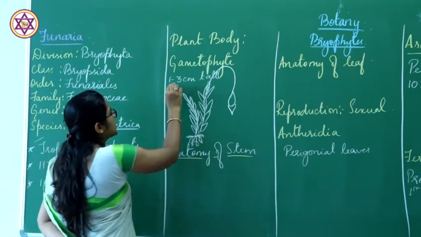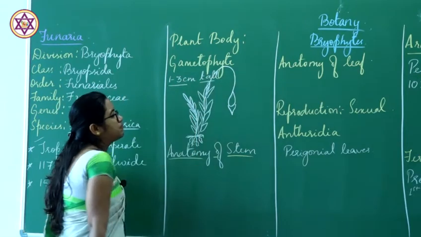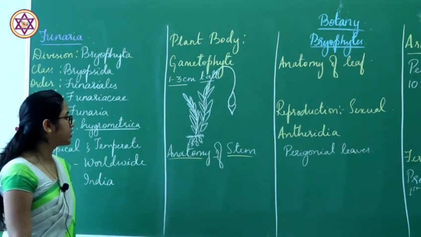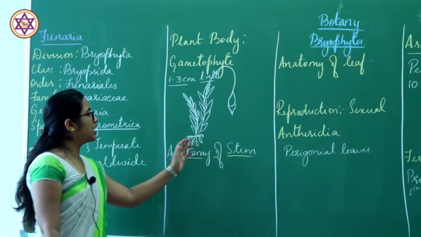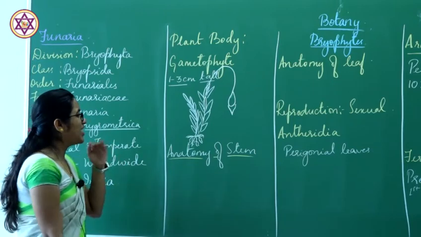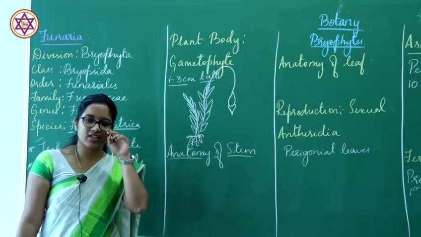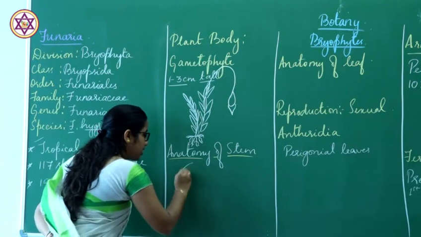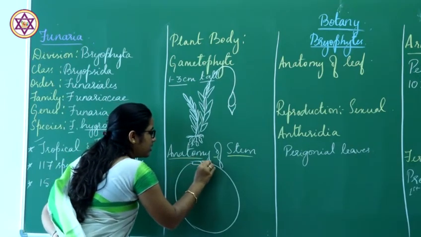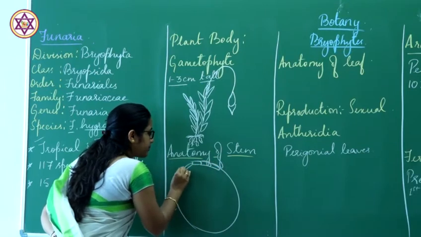Now, what is the height of the plant? It is about 1 to 3 centimeter tall. Now, moving into the anatomy, that is the stem, the main axis is also called a stem, wherein when you take a cross section, you will find a single epidermal layer.